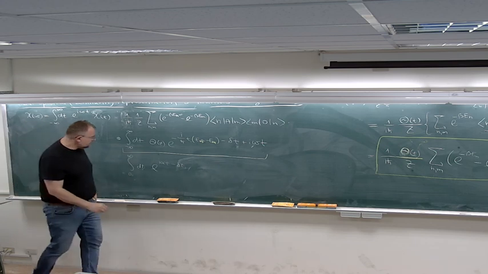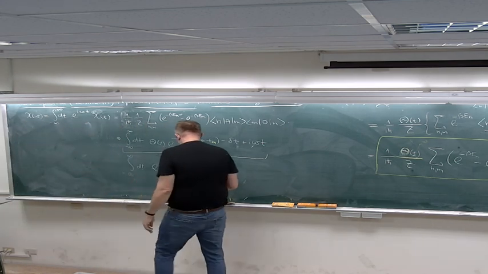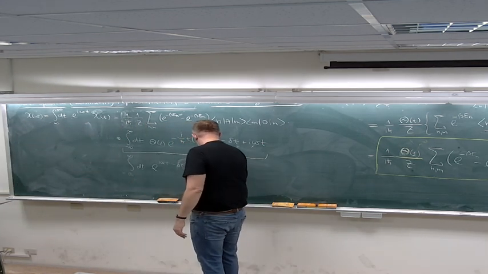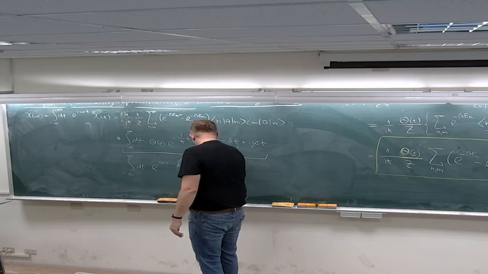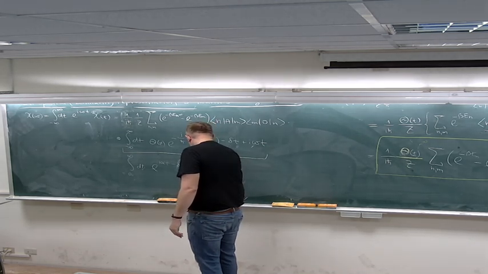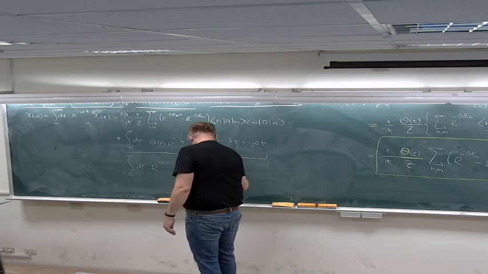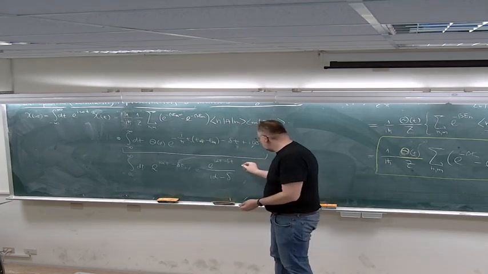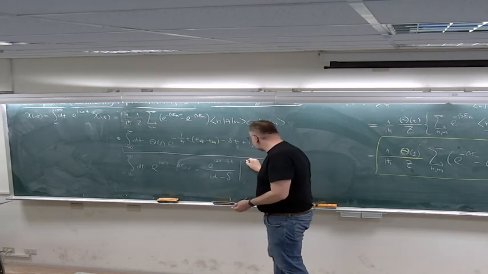So I can integrate this integral, and it is e to the alpha t minus delta t divided by i alpha minus delta. Then I need to evaluate it at the points infinity and 0.